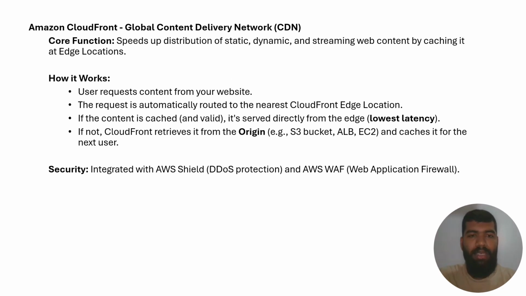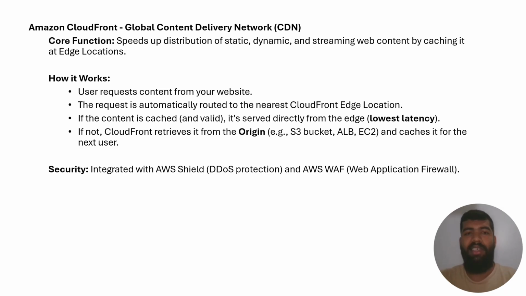Moving on to the next one. What is Amazon CloudFront? We have the content delivery superstar called Amazon CloudFront, AWS's global content delivery network, or CDN. The simplest example is a user in Paris requesting a video from your website. The request is routed to the nearest CloudFront edge location in Paris. If the video is cached there, it will be delivered immediately with incredibly low latency.